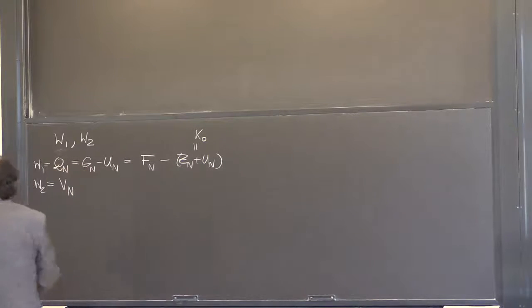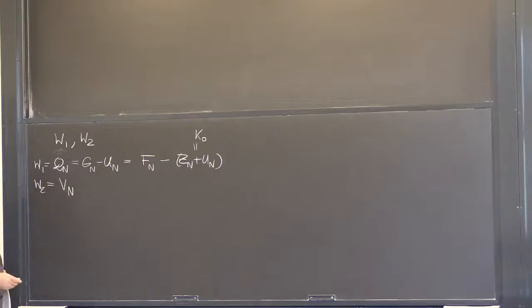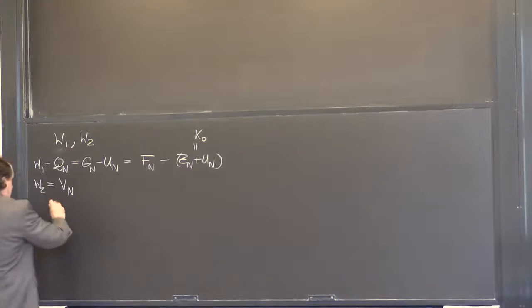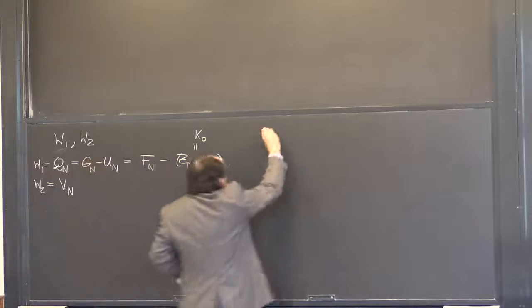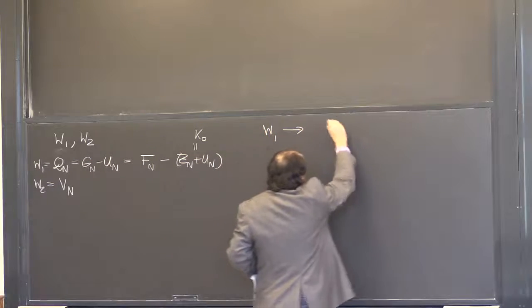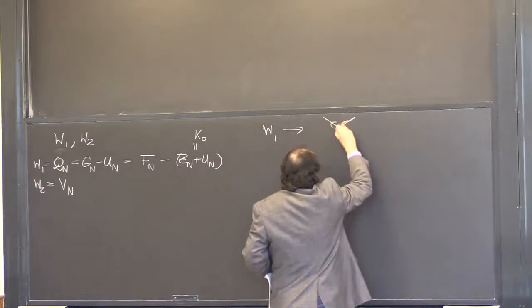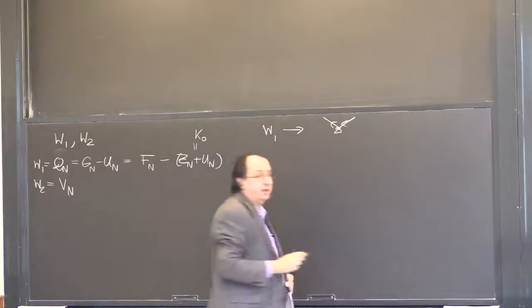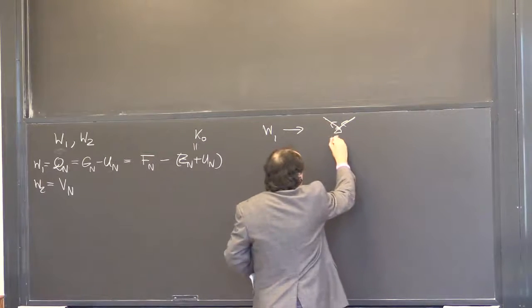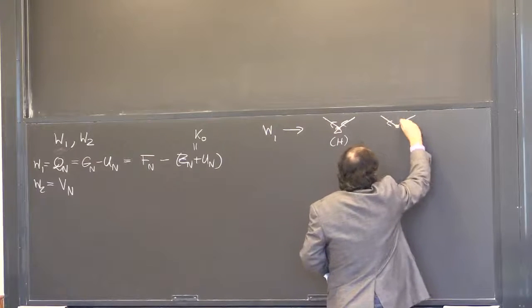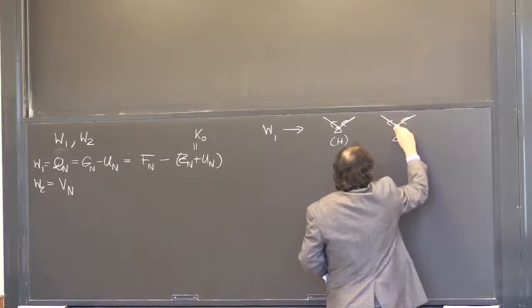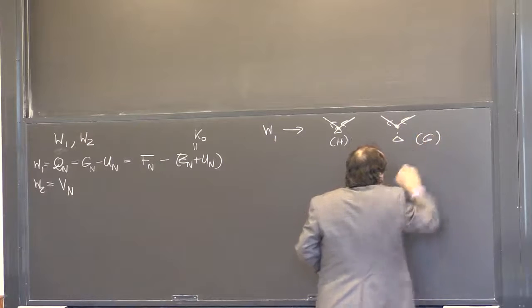Then what we did, we introduced a diagrammatic representation in the usual way. For W1, we decided to use a vertex which has a little triangle hanging at it. That would be the Hugenholtz form, so I'll put H here, or the Goldstone form, so I'm going to put a G here for the Goldstone.